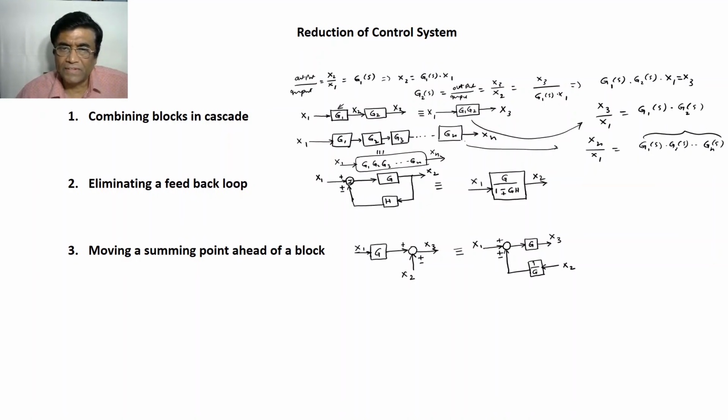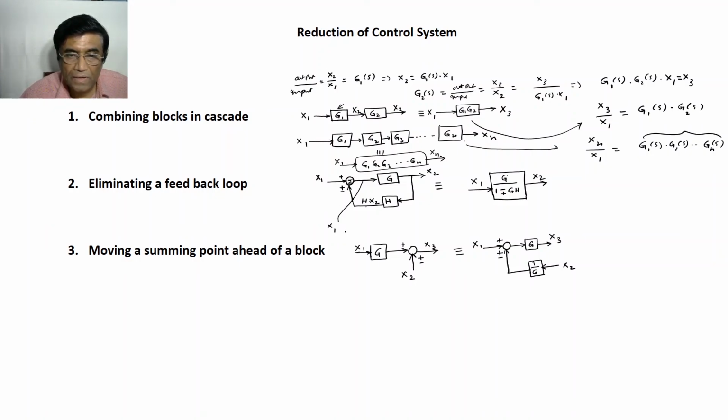You can analyze it very easily. Let me do that. So what is the signal here? X1 is coming from this junction. Then X2 times H is the signal here. So H X2.